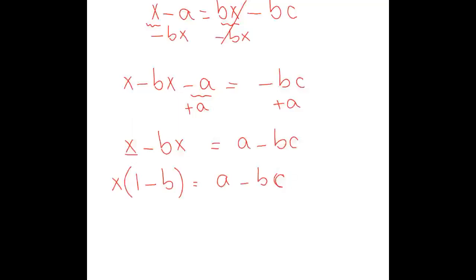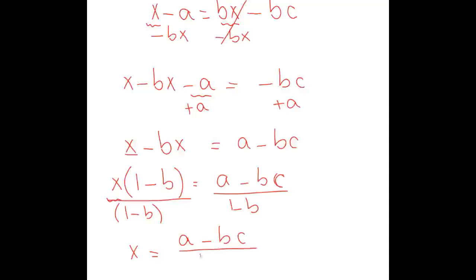Here I want to isolate x alone, so I should divide by all the things multiplied by x. So I will divide with this parentheses. So x will be equal to a minus bc over 1 minus b, and this is the final answer.